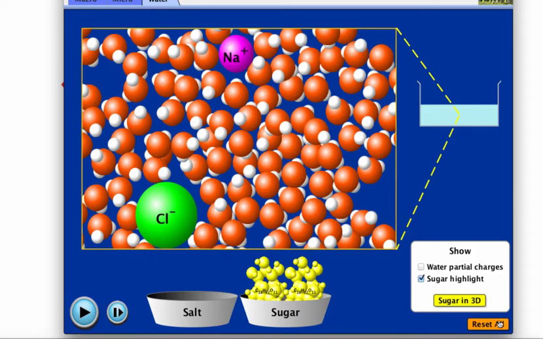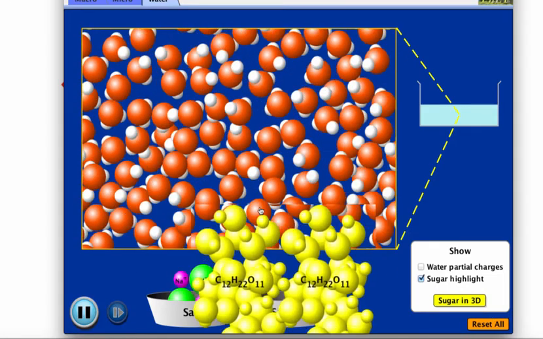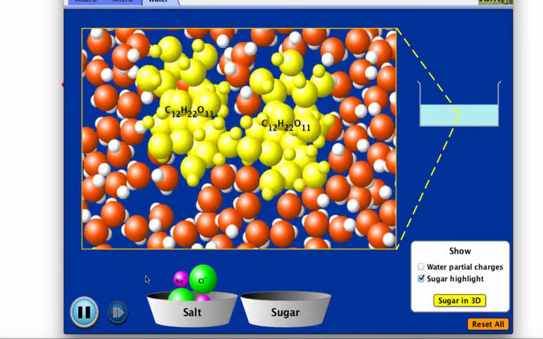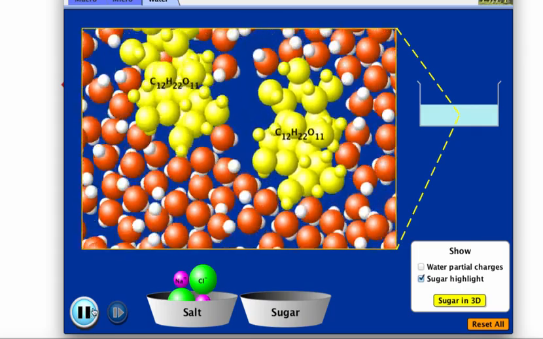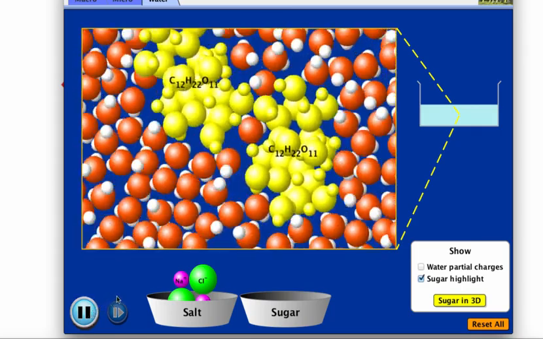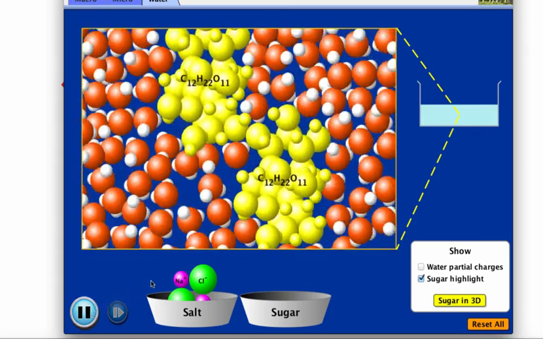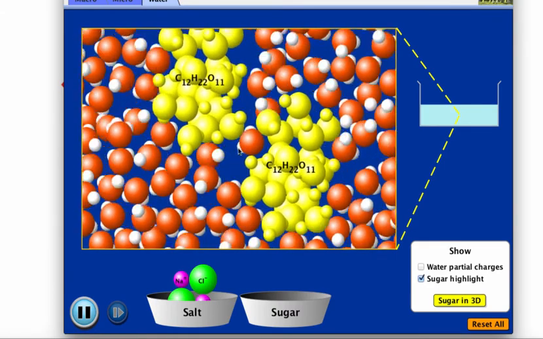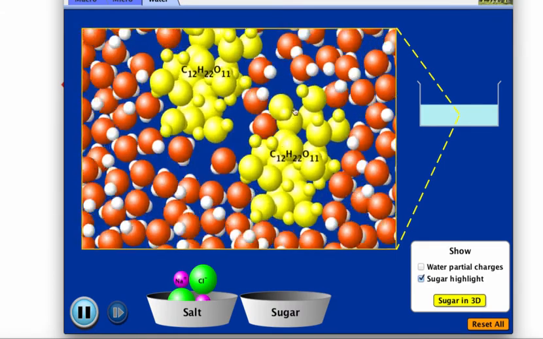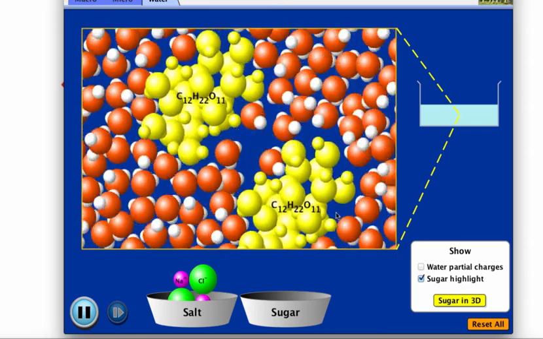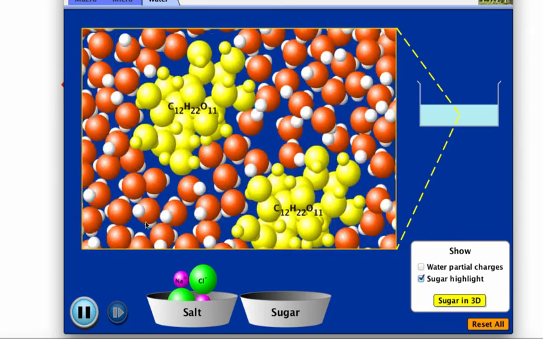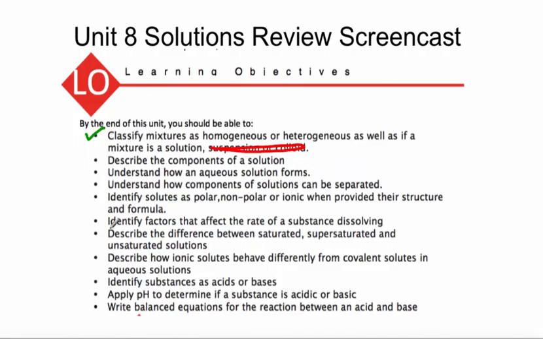We could also have a situation where we added sugar to water. In that case, the sugar would be the solute, and the water would still be the solvent. And notice that the water is slowly dissolving the sucrose by surrounding each molecule with water. All right, let's see where we are.